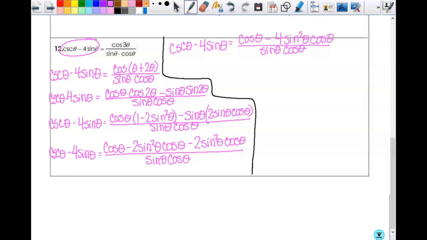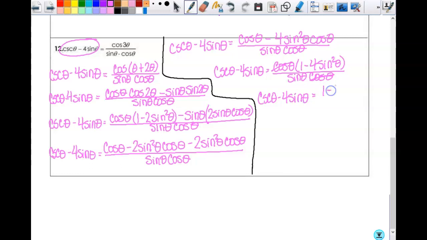So in the numerator, I can factor out a GCF. So this is going to give me cosecant theta minus 4 sine theta equals cosine theta times 1 minus 4 sine squared theta over sine theta cosine theta. So now that I've factored out a GCF and these two things are being multiplied, I can knock those out. That's nice. So that leaves me with cosecant theta minus 4 sine theta equals 1 minus 4 sine squared theta over sine theta.